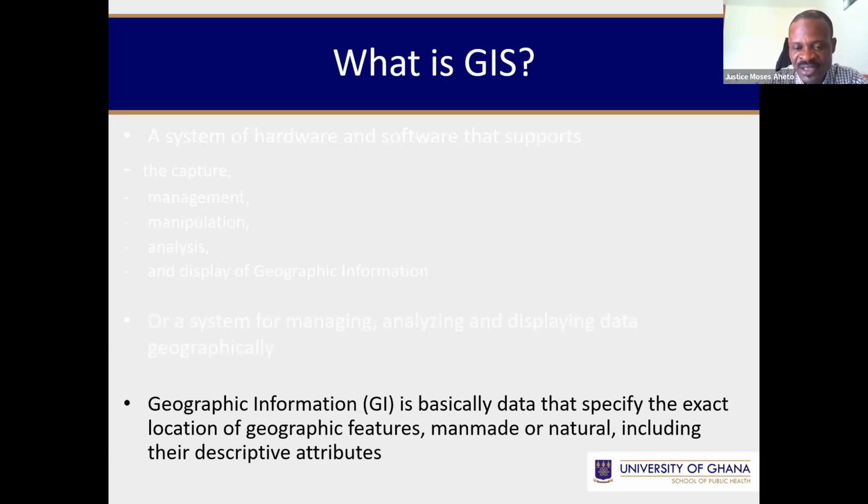Basically, in a geographic information system, we are interested in using data that can help us identify a specific location in relation to certain features. They can be man-made or natural features, and those features can also be associated with other elements that we call attributes.